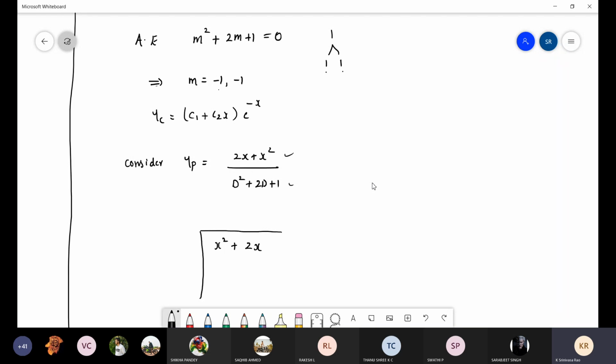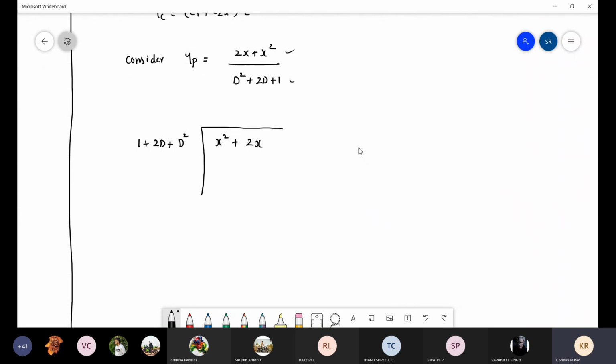Sometimes 1 is not there, then you should start with the d. So I will go with 1 plus 2d plus d square. Is there any confusion here? You can ask. Always write the numerator inside and the denominator outside in the reverse way. Here it is decreasing order of degree, here it is increasing order. Now follow the procedure.